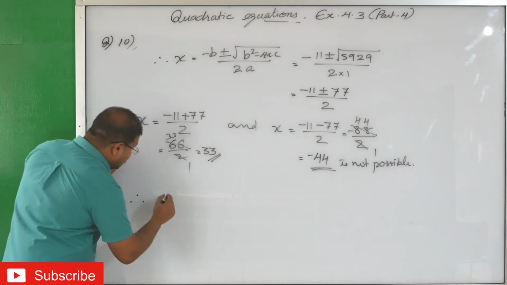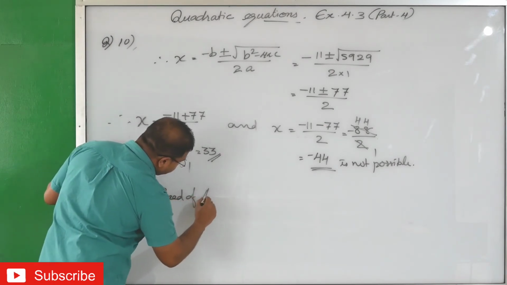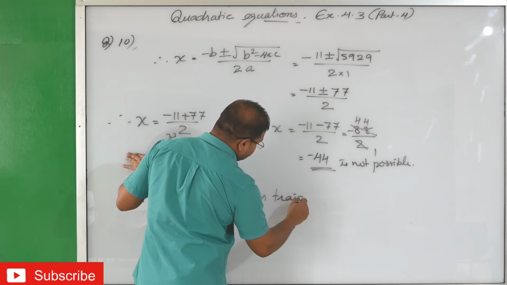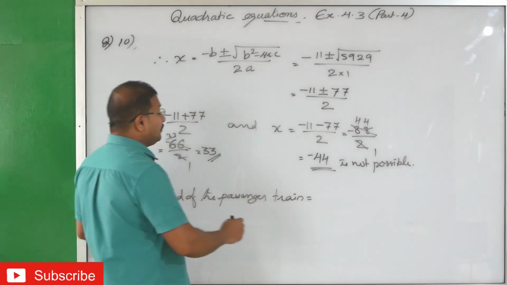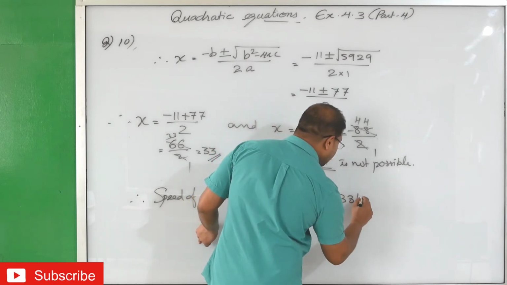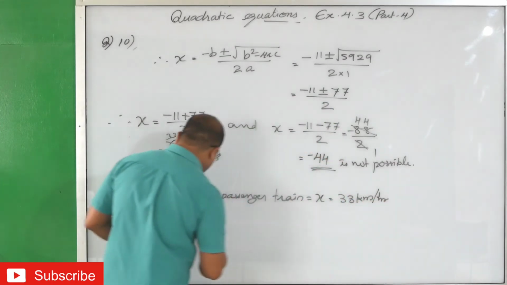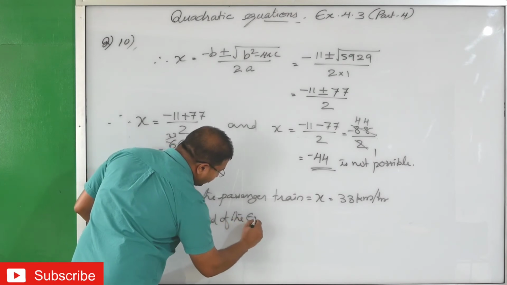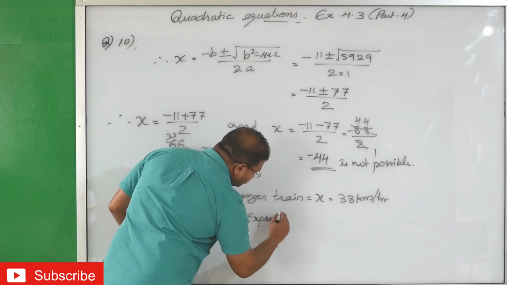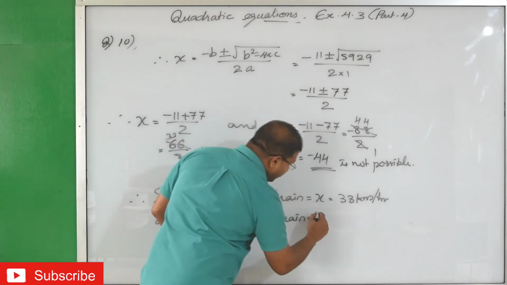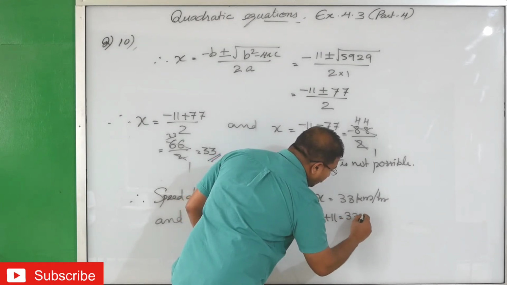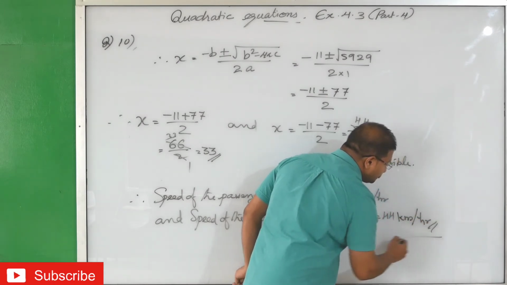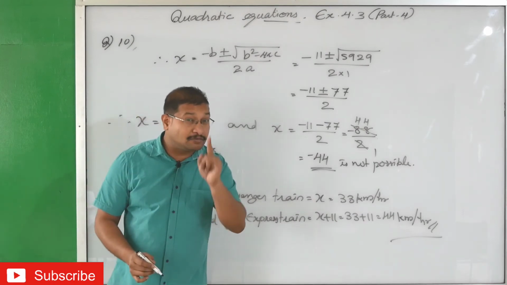Therefore, speed of the passenger train, x equals 33 kilometer per hour, and speed of the express train, x plus 11 equals 33 plus 11 equals 44 kilometer per hour. This question you need to practice more.